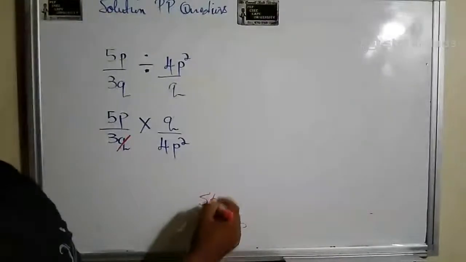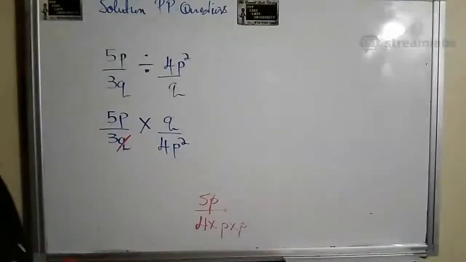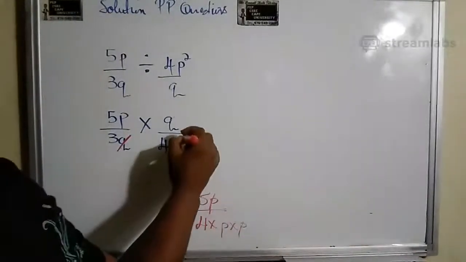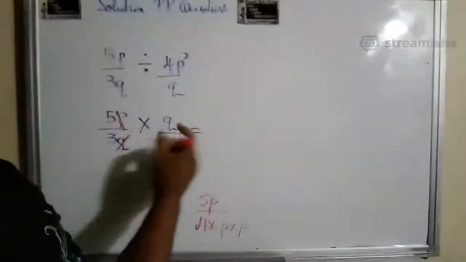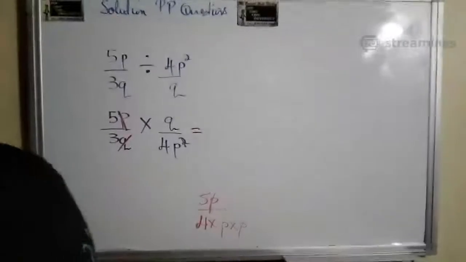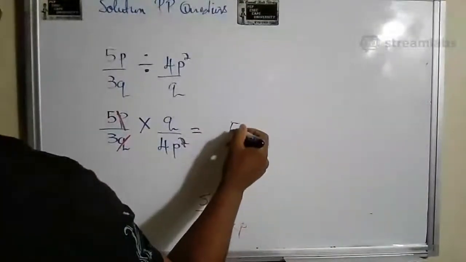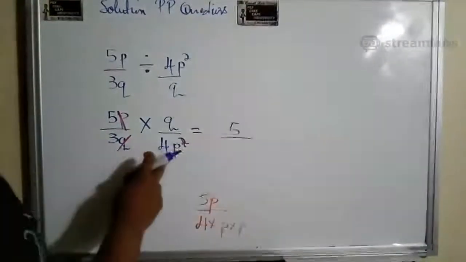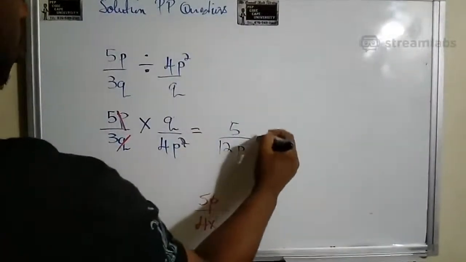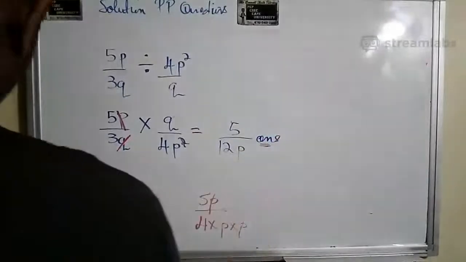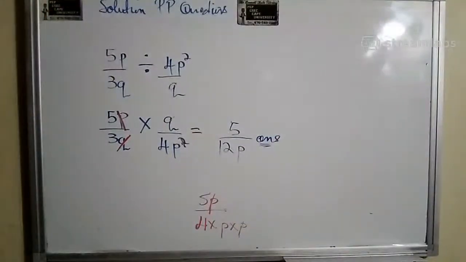So the p's cancel, right? So that would give us 4 times p, so that's 4p. So 5 times 1 will give us 5, and 3 times 4 will give us 12, and then the p. So that would be our answer. Hope everyone got that correct.